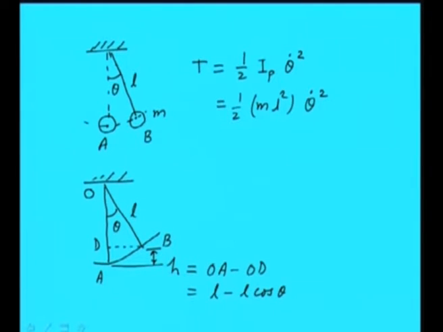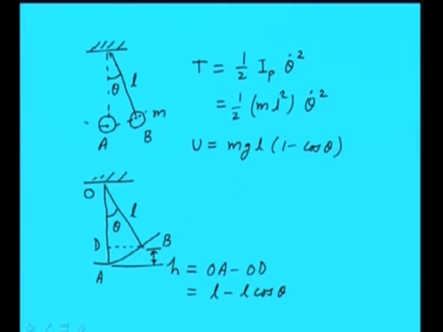So the total height it has reached here is L minus L cos theta. So the potential energy of the system will be mgL(1 minus cos theta).